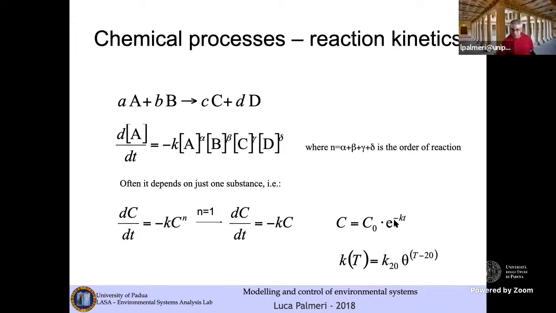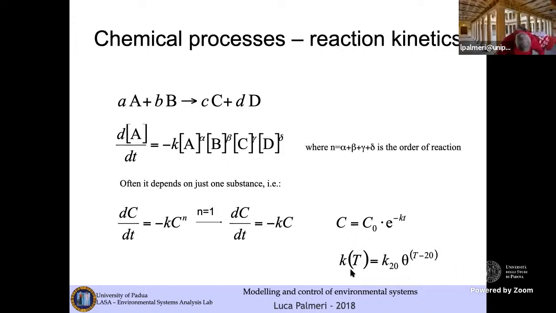By convention, we know that this constant of reaction strongly depends on temperature. The dependence on temperature is accounted for by a classical Arrhenius model, the one that I've written down here.